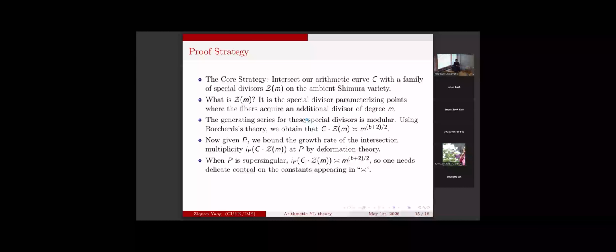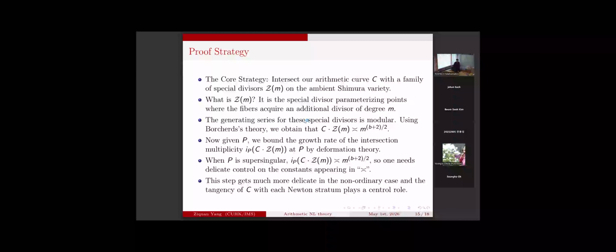So this allows for the possibility of having only finitely many intersection points. And as we have seen, this indeed happens for some families. So this means we have to have very precise control on the constants appearing in this asymptotic. And this is also the hardest part of the proof.